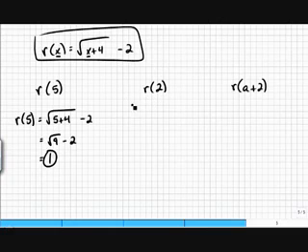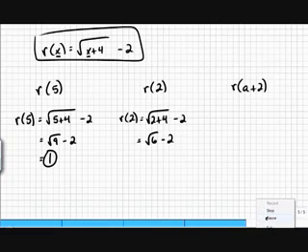To find r of 2, r of 2 is equal to the square root of 2 plus 4 minus 2, which is equal to the square root of 6 minus 2. We can leave that as an exact answer like that, or we can take out our calculator and actually calculate the square root of 6.